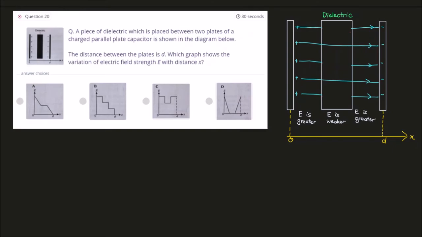You will see a high magnitude of electric field at this region and this region, whereas within the dielectric itself, you'll probably see the electric field to be much weaker compared to outside the dielectric. Okay, so the axis should be shifted downwards. Let me shift the axis downwards.